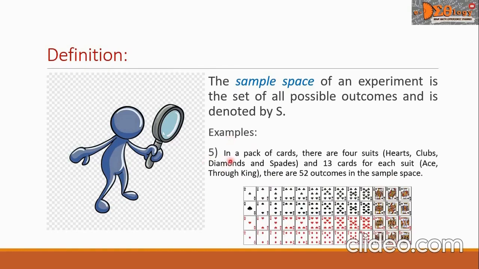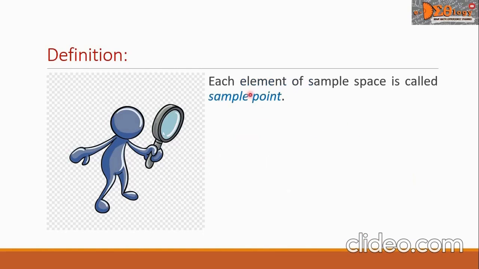Example 5, in a pack of cards, there are 4 suits, which are hearts, clubs, diamonds, and spades, and 13 cards for each suit, that is, from ace through king. There are 52 outcomes in the sample space. Each element of sample space is called sample point.